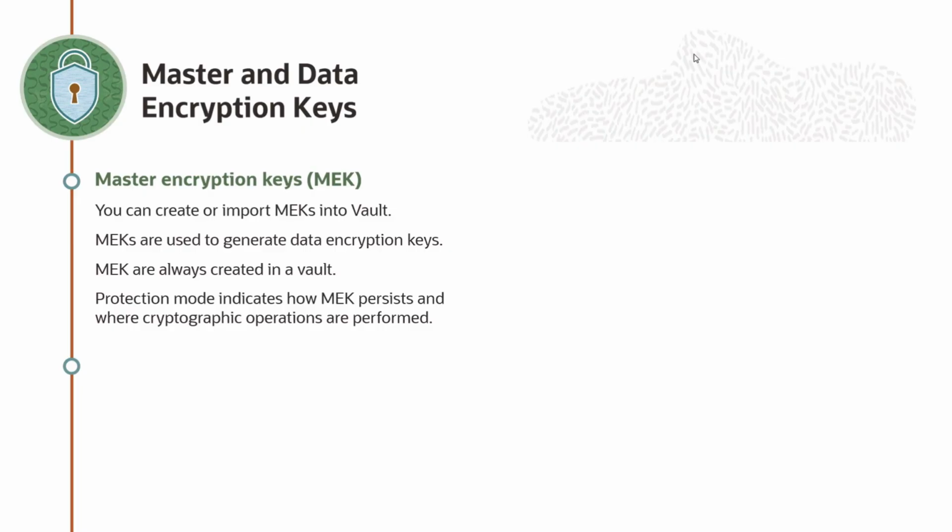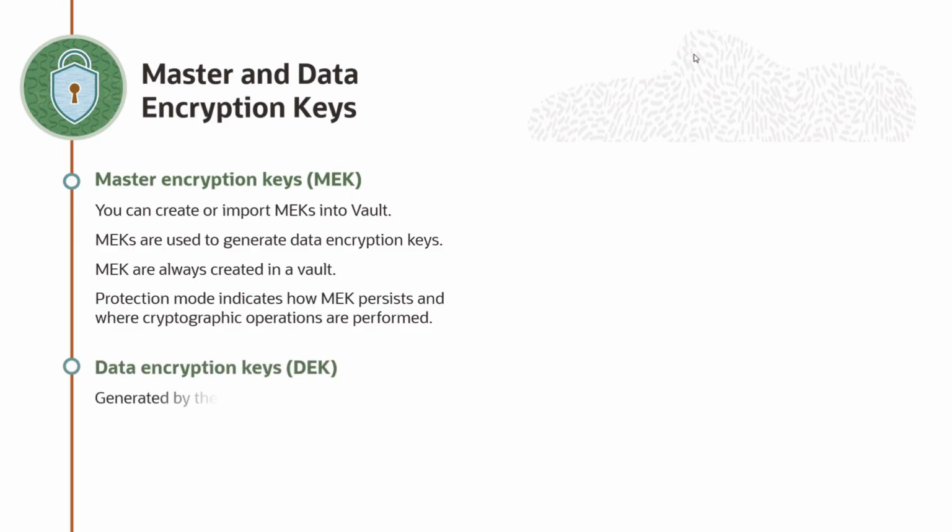Master encryption keys are always created in a vault, and the protection mode indicates how these keys persist and where cryptographic operations are performed. When you talk about vault and keys, pretty much every time you're talking about master encryption keys. These are the keys which you use to encrypt and decrypt, but you will see that behind the scenes it's actually a little bit more complex.